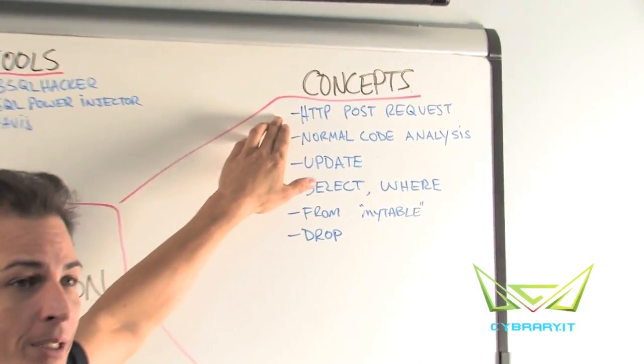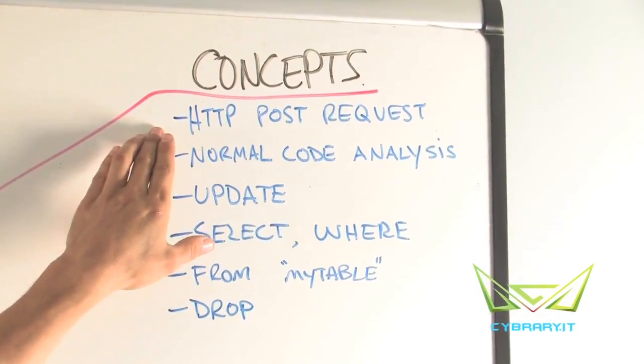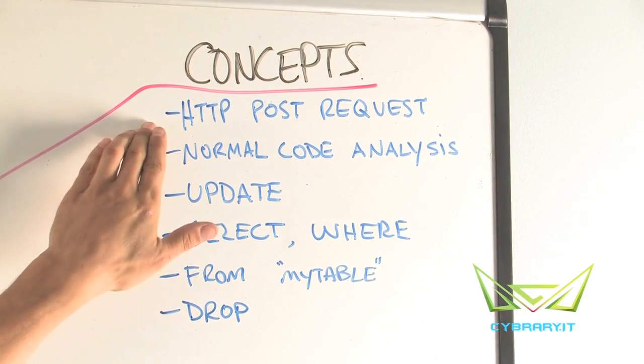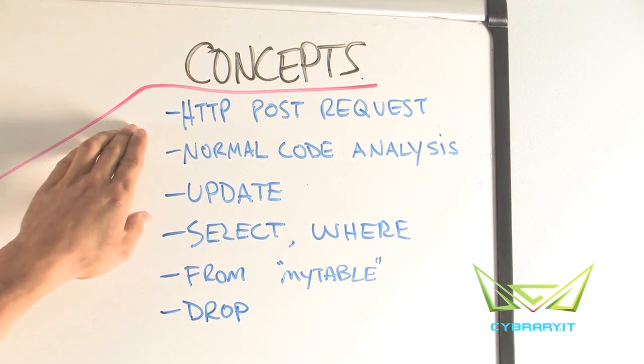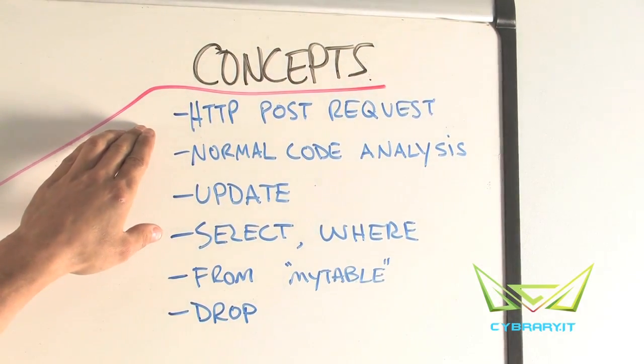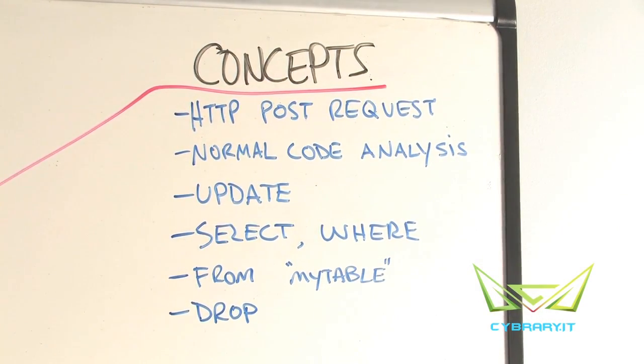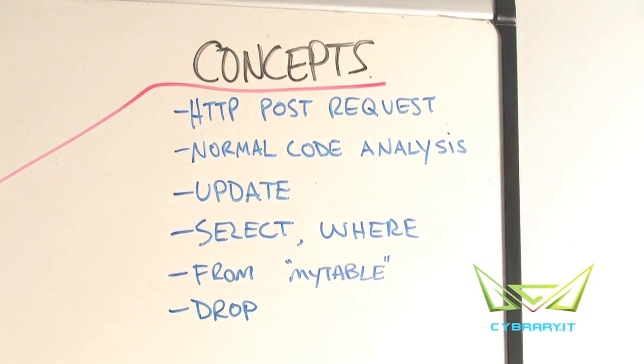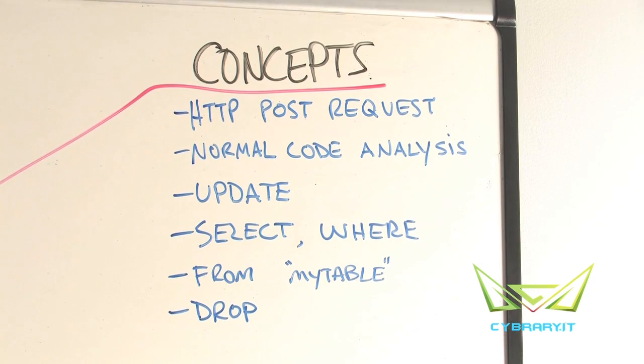Okay, so concepts here. Ultimately you have to be able to analyze between the client and the server, and that all starts with something as simple as an HTTP POST request. This is where we can sniff traffic and analyze that request. It could be a network sniffer like Wireshark or tcpdump, but it also could be a tool like Burp Suite to dissect this client to server traffic.